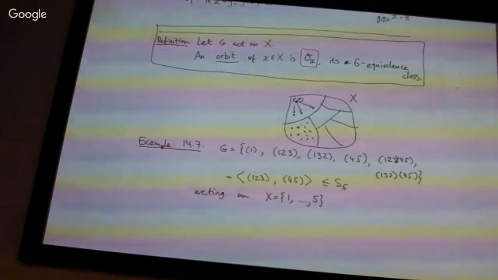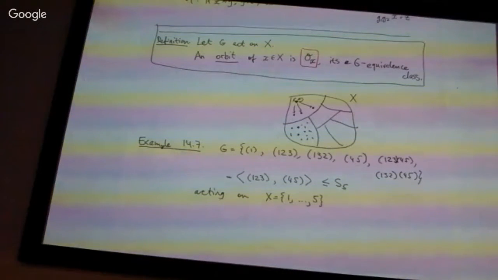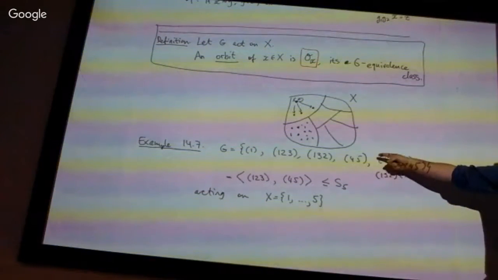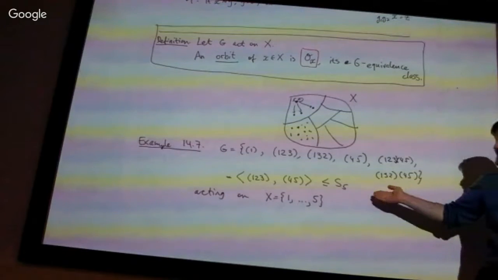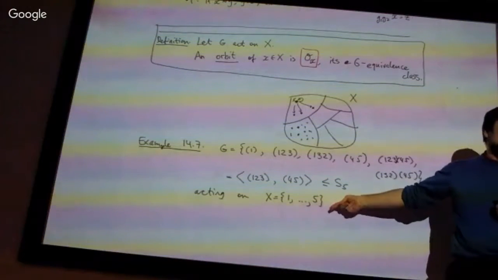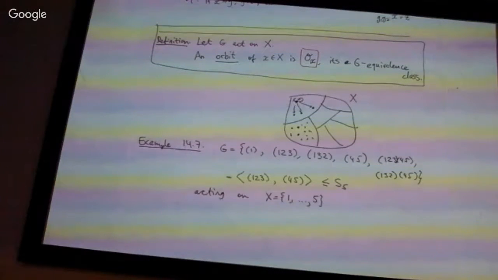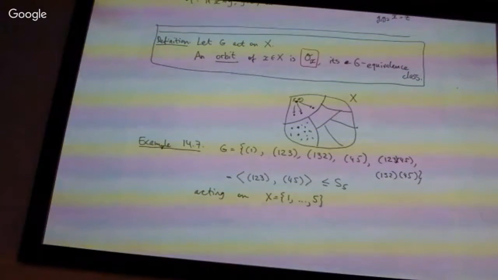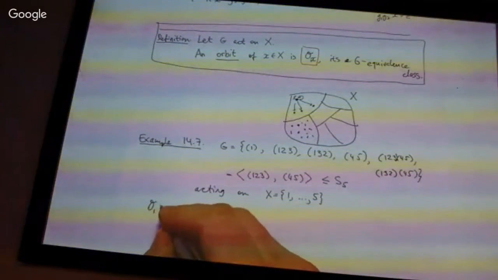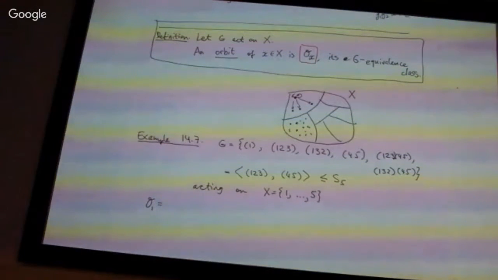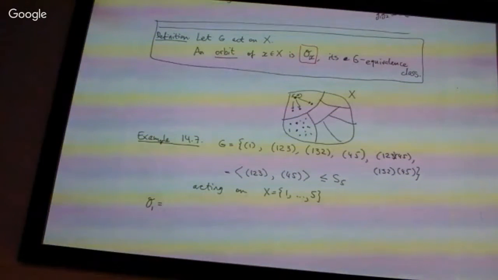So every element of G is a permutation, and that is exactly the permutation in that action. So in this case, what is the orbit of 1? Where can 1 get sent by these permutations when you only look at these permutations?